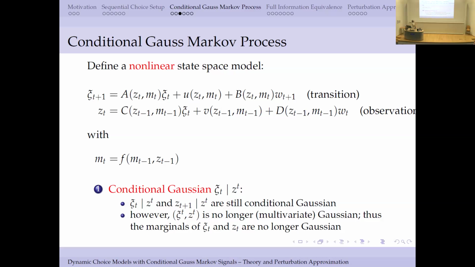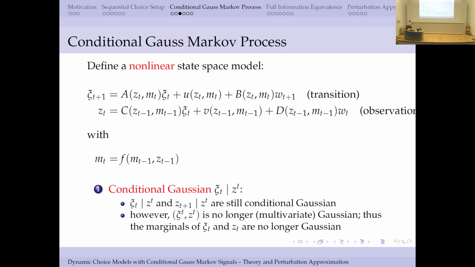However, the joint distribution of all the X's and all the Z's is no longer multivariate Gaussian. So marginals are not Gaussian. Marginals of Z, marginals of X_t can be very non-Gaussian, very asymmetric, with very fat tails. But what we maintain is the Gaussianity of the conditional distributions.